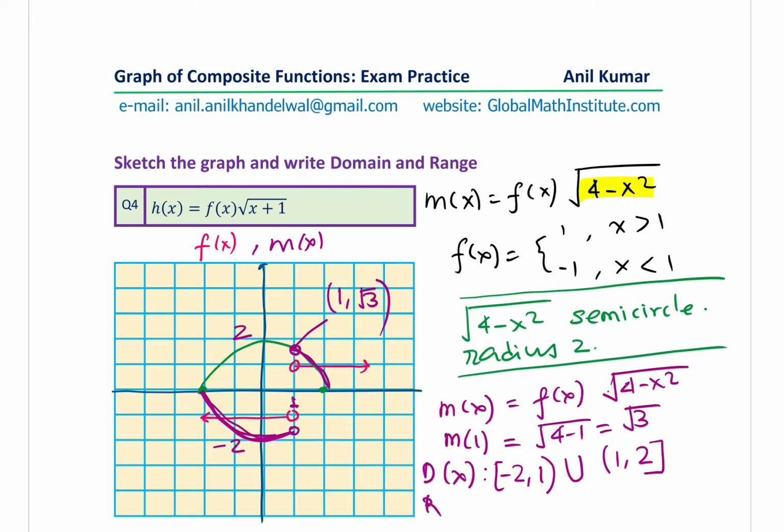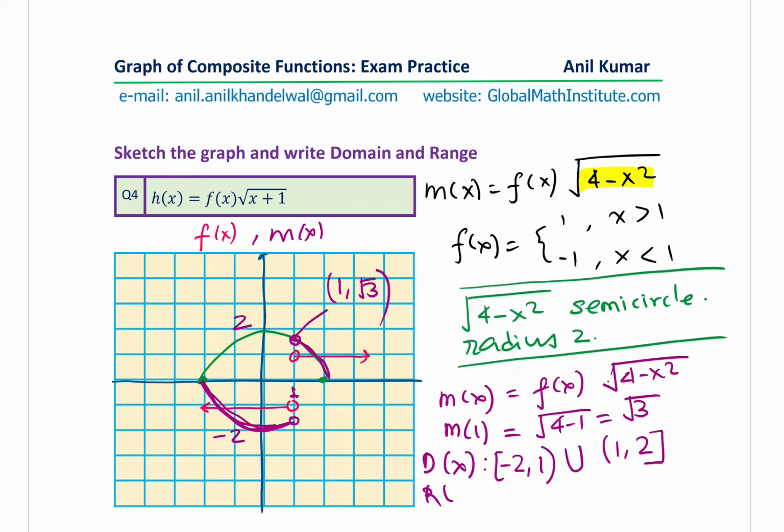As far as the range is concerned, the range of the function will be what? The maximum value, which is seen in the graph, is square root of 3. And the minimum value is minus 2. Therefore, the range will be, minus 2 is included.